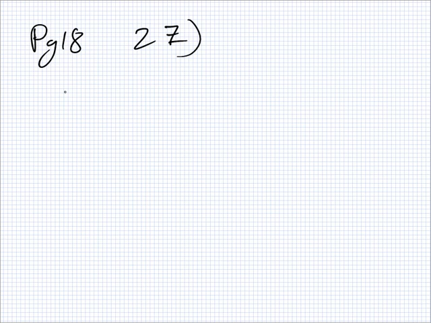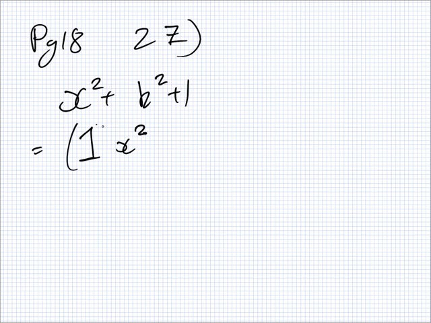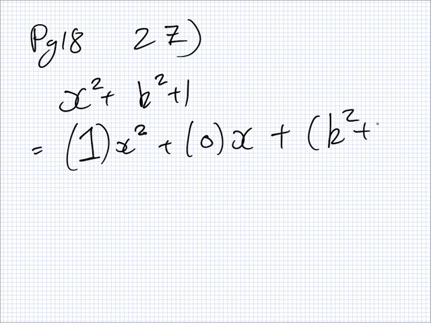Okay. x squared plus k squared plus 1. Now, to make that really clear, that's equal to 1x squared plus 0x plus k squared plus 1.